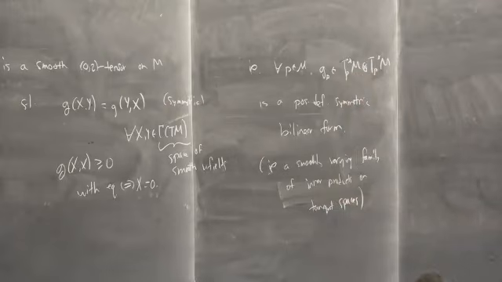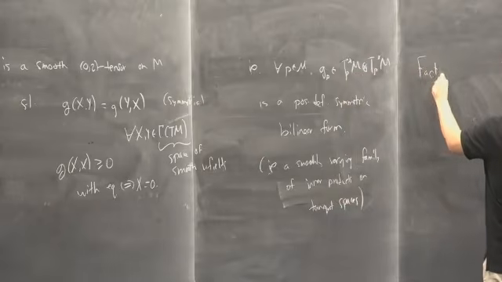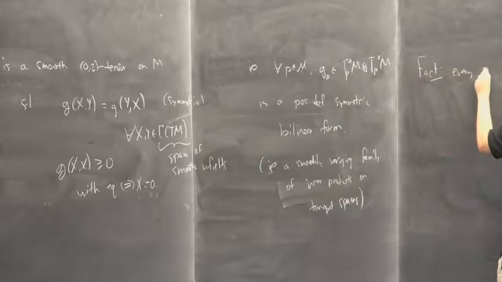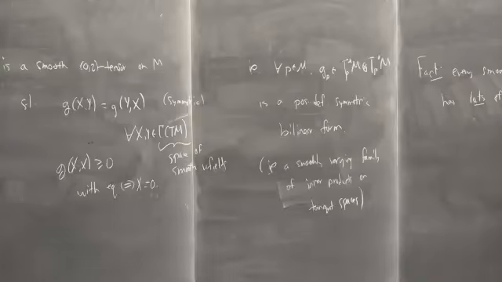There's a choice you have to make, but every smooth manifold has lots of Riemannian metrics. One way to construct them is using a partition of unity.